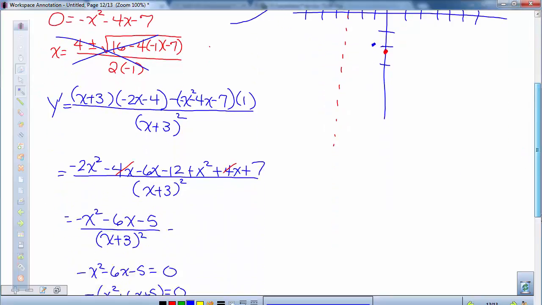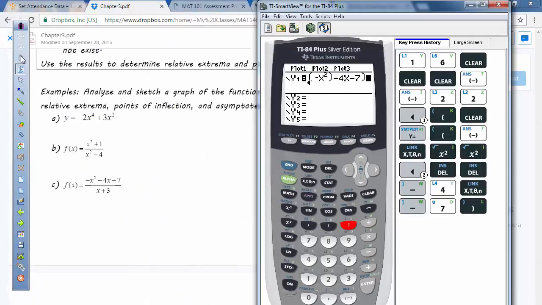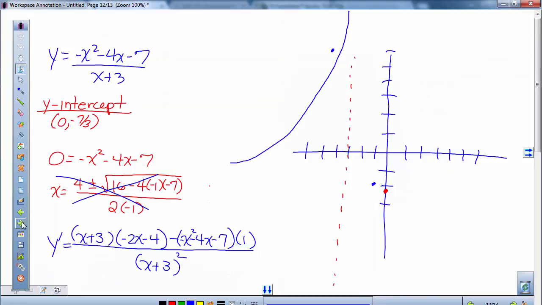We got to take our second derivative. Okay, I'm going to try to take it from right here. Is this the right one? Yeah.